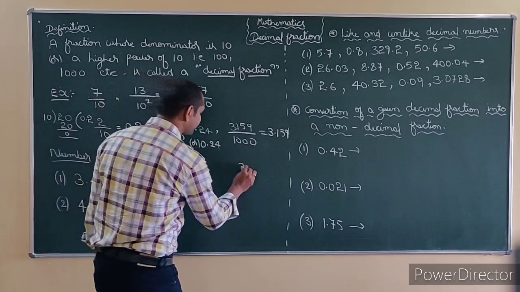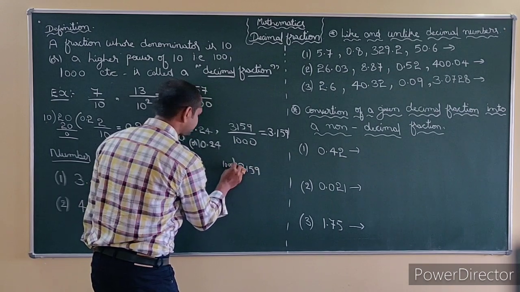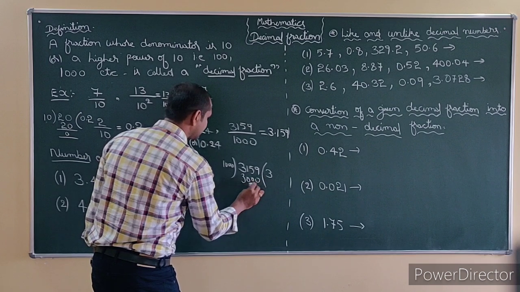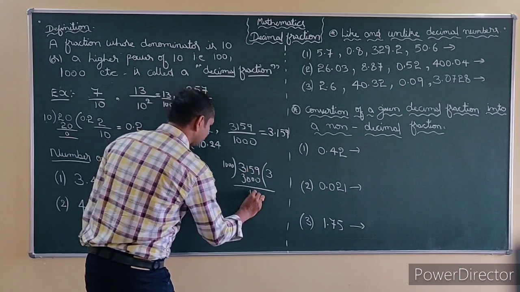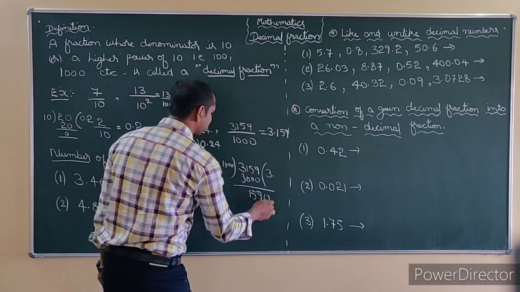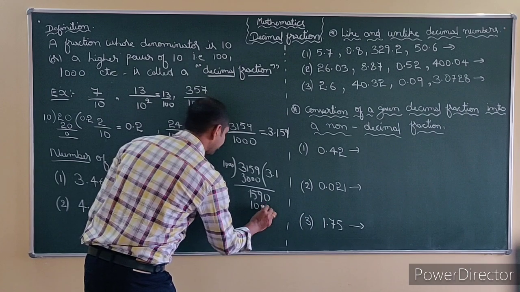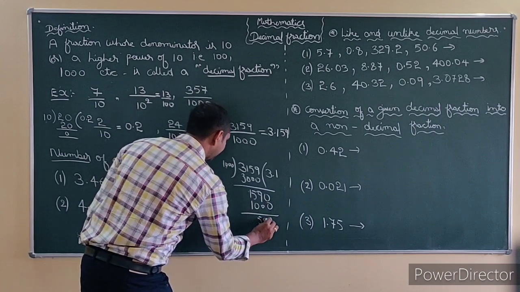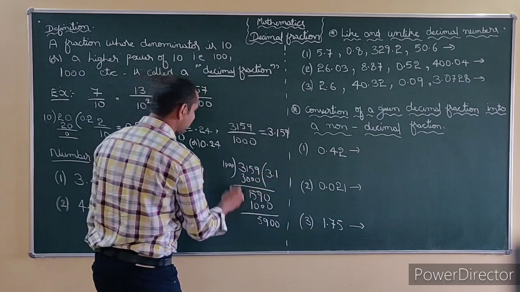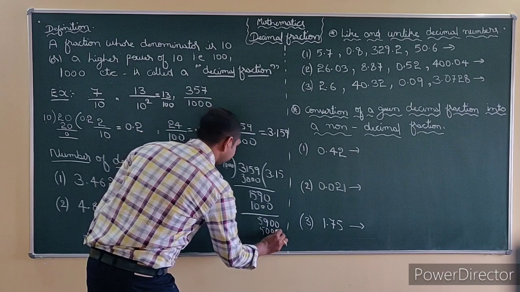Let me show you the division. 3159 by 1000, right? So 1000 3s are 3000. So we got 159. Keep a point and a 0. Then 1000 ones are 1000 only to take. So we have 590. Again take a 0 since you kept a decimal point here. So 1000 5s are 5000.